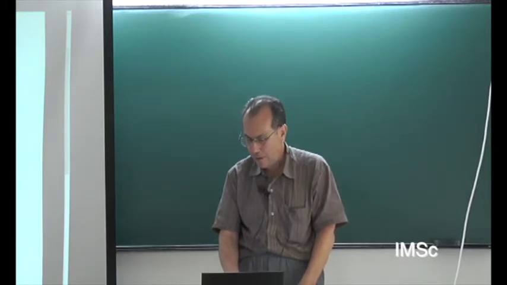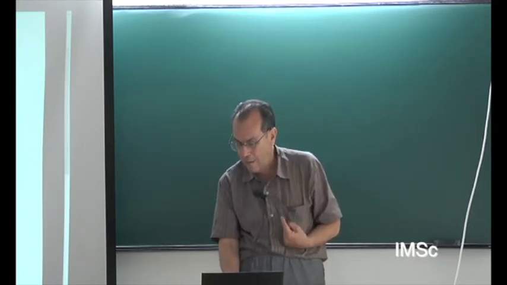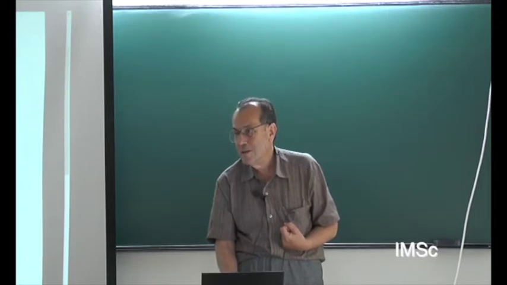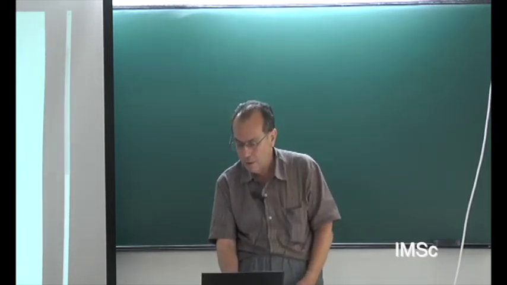So the creator will be a map from n to n plus 1. We want the scalar product on n plus 1 to be such that the adjoint of the creator is the restriction of the annihilator to the n plus 1 space.